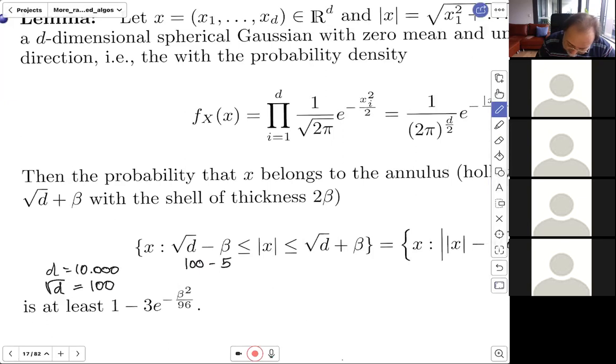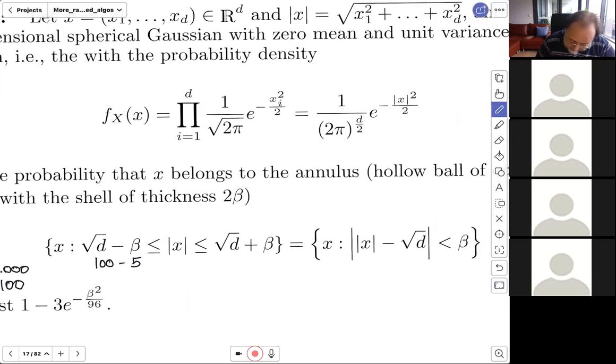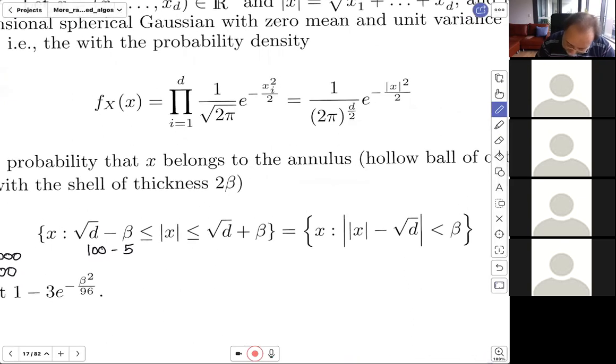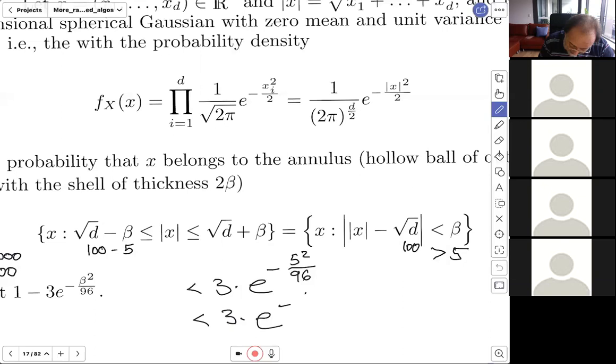So what does this say? It says the following, that the probability that the length of x minus square root of d, which is 100, is bigger than 5, is smaller than 3 times e to the minus 5 squared divided by 96, which is about 3 times e to the power minus 25 divided by 100, which is 1/4, right? 3 times e to the minus 1/4.